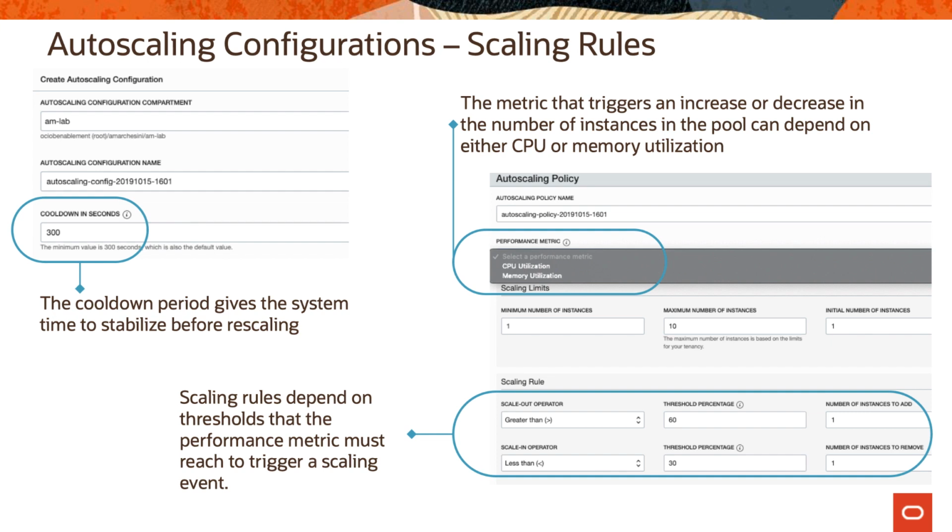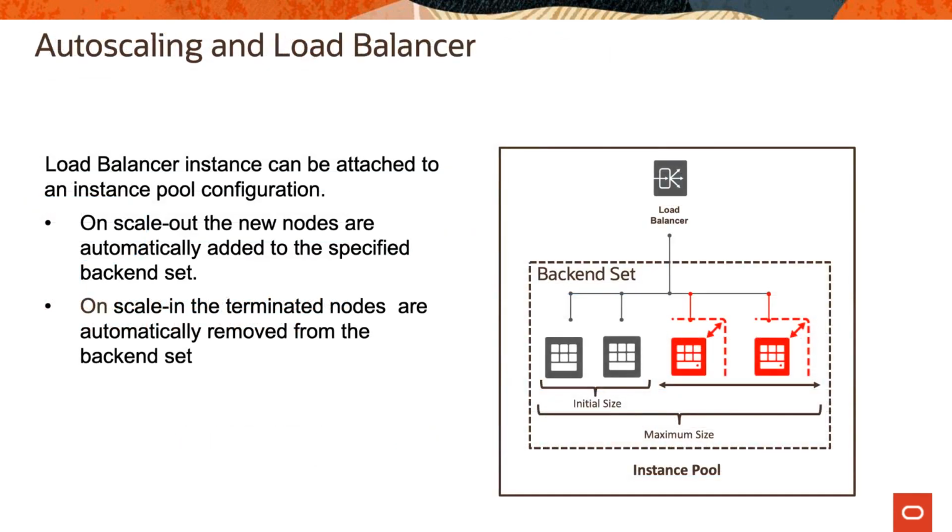But then you also have to consider your cooldown. If I scale out a new instance and then I have a cooldown of 300 before I start even looking at my metrics again, I may not be scaling fast enough, so I need to add more instances than I maybe thought at first. So do some testing, play around with it. Once you have this configured, you can attach it to a load balancer.